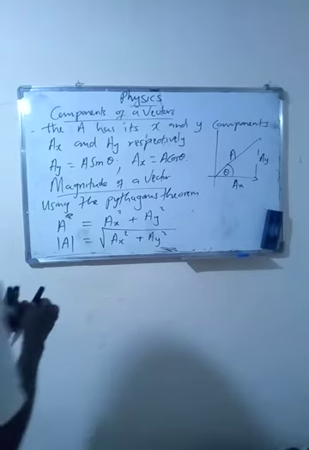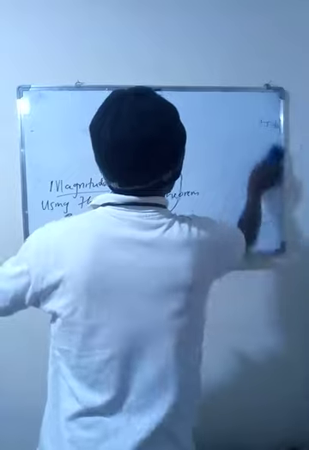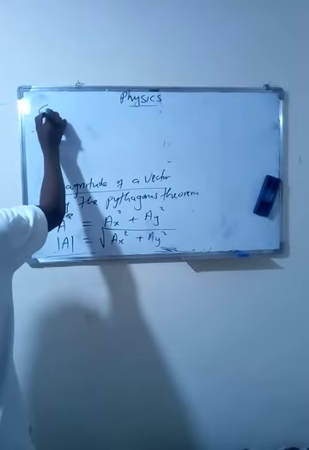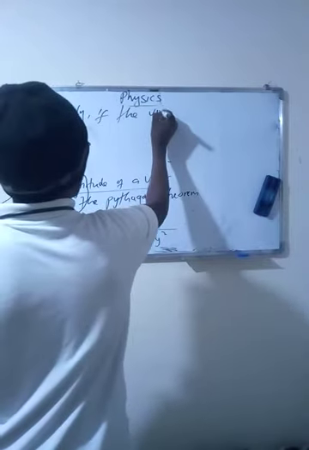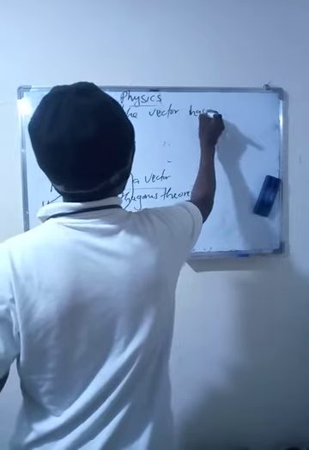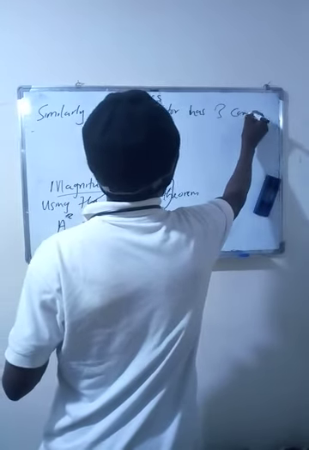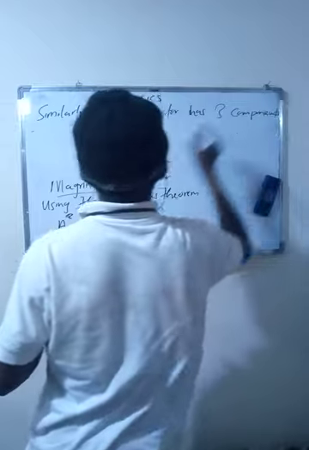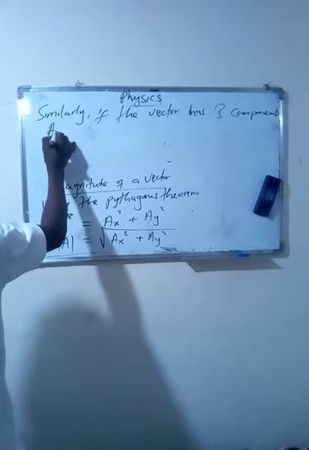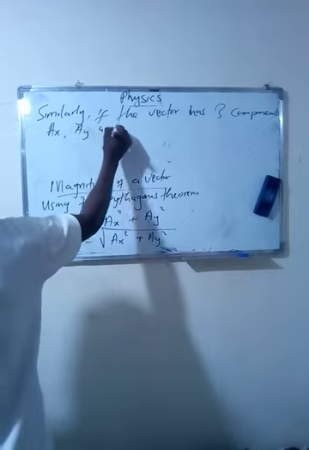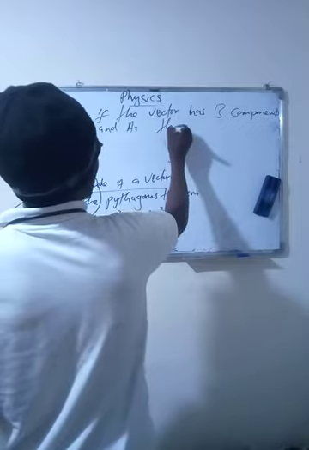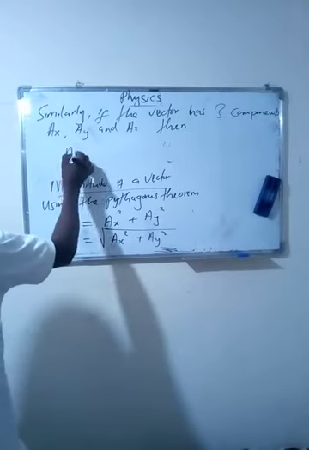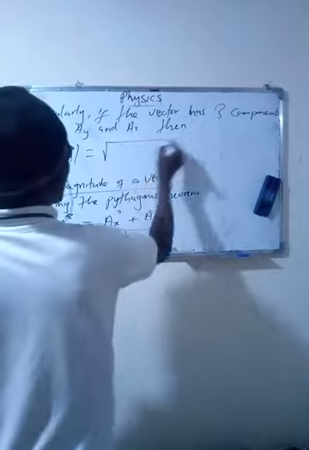Similarly, if the vector has 3 components, which are AX, AY, and AZ, then its magnitude is going to be equal to the root of AX squared plus AY squared plus AZ squared. Okay, that's what we're going to have.